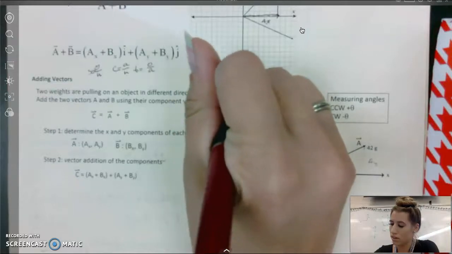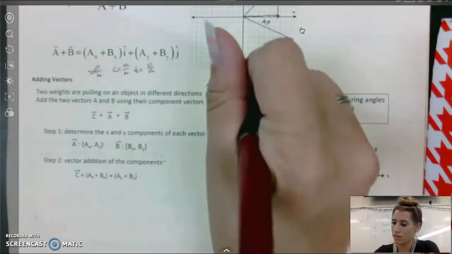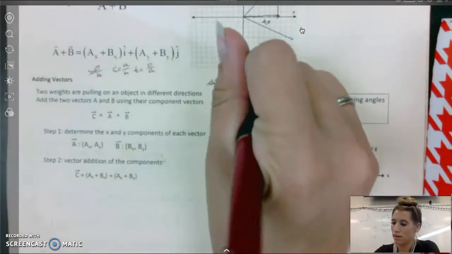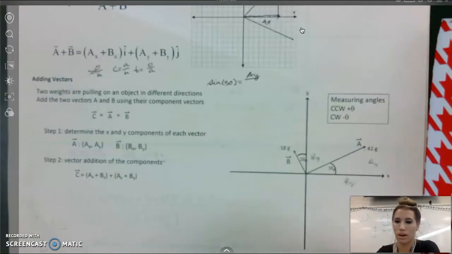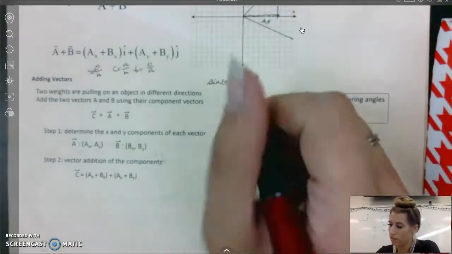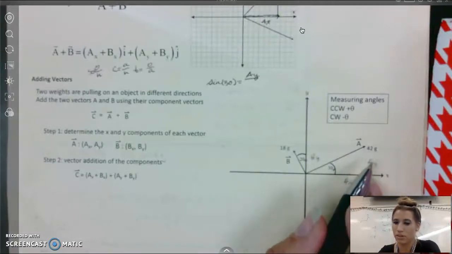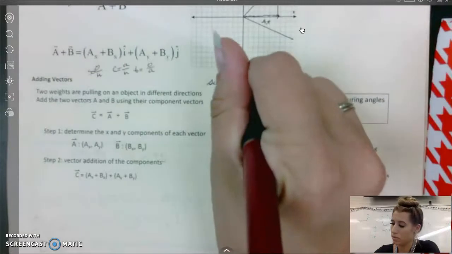So if we want sine of 30, well, that's going to equal opposite, which is A sub y, divided by hypotenuse, which is just A. And we know A has a magnitude of 42 grams.